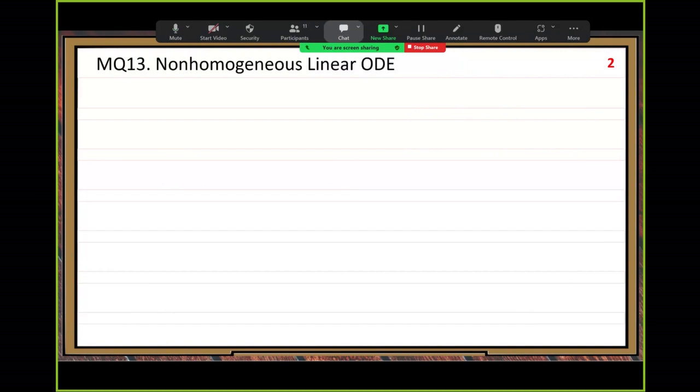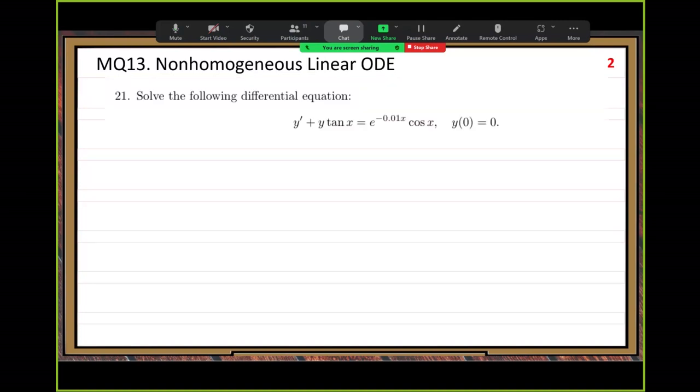Next question, number 13. Non-homogeneous linear ODE. Like this one, we have a formula. This is a P of X function, R of X function, and we have a formula.